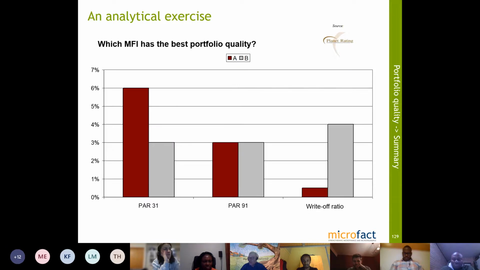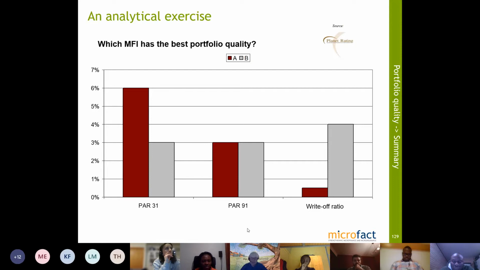But if we add even more information on top of that, the write-off ratio, imagine that you have to put it on top of the par 30 to make it comparable. Then you can see they have written off a much lower amount compared to organization B. In order to have this figure, B has written off a very large part.